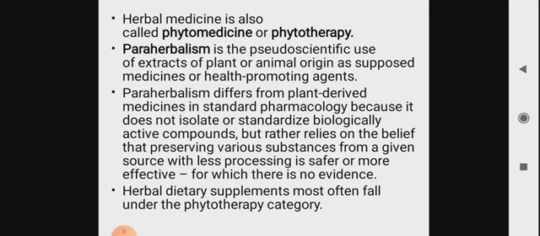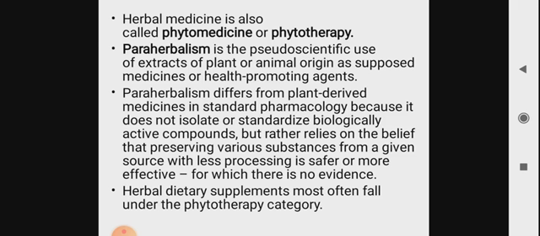Paraherbalism differs from plant derived medicines in standard pharmacology because it does not isolate or standardize biologically active compounds, but rather relies on the belief that preserving various substances from a given source with less processing is safer or more effective, for which there is no evidence.